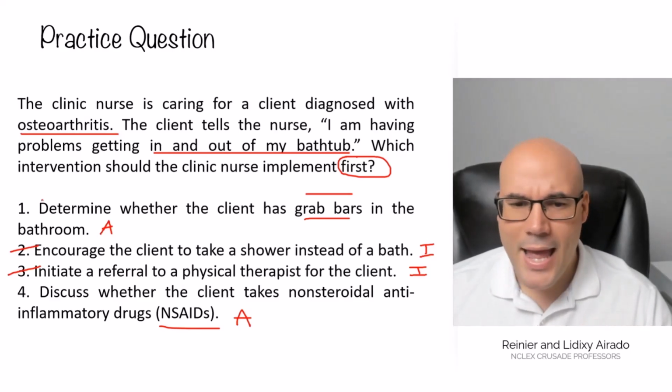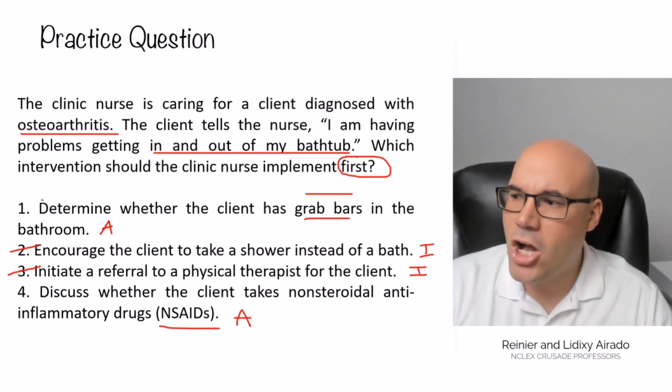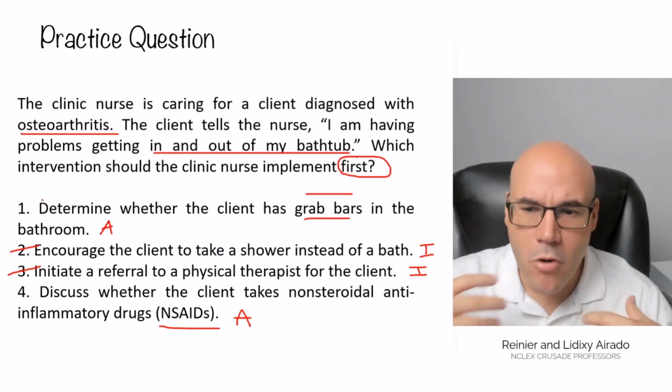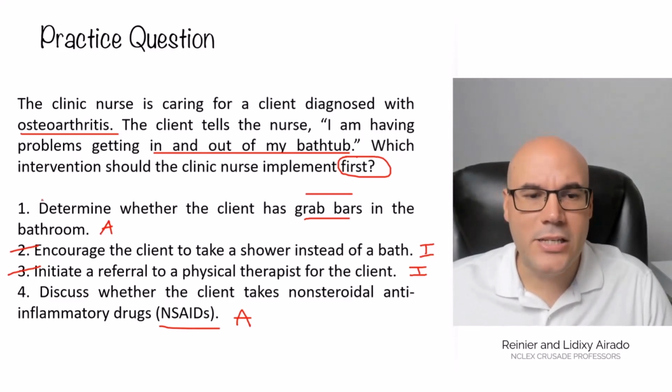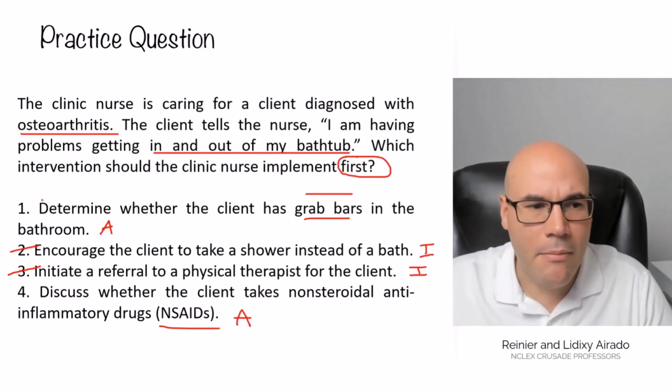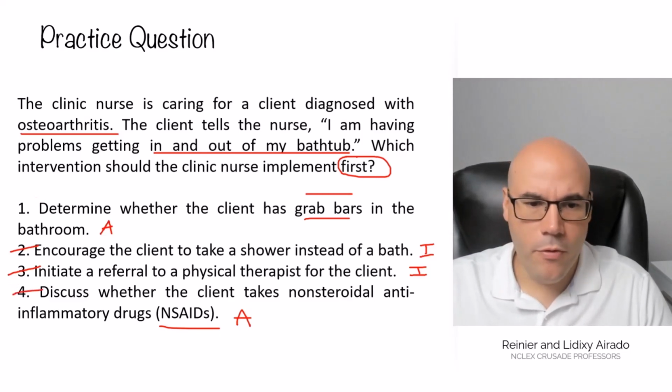But does answer number 4 relate to the safety concern of movement and activity that is described in the stem of the question? No. Therefore, answer number 4 is not the priority. The correct answer is number 1.